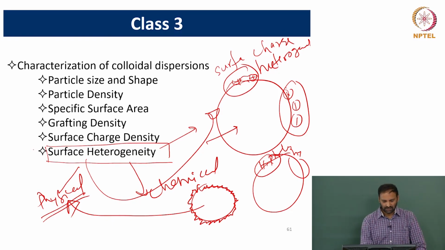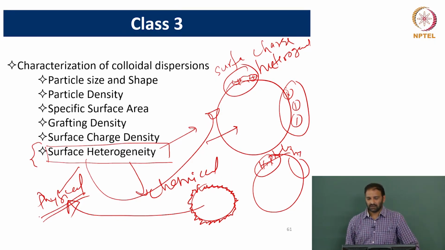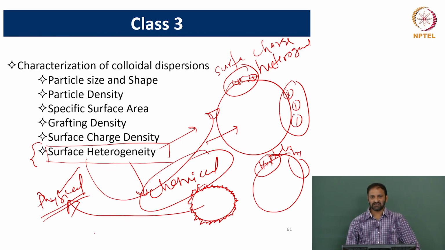The last point is a bit more complex to characterize. There are indications in the literature as to how to characterize such things, especially chemical heterogeneity. For physical heterogeneity, the surface roughness, you know how to do it. However, chemical heterogeneity is still something that people are trying to study.